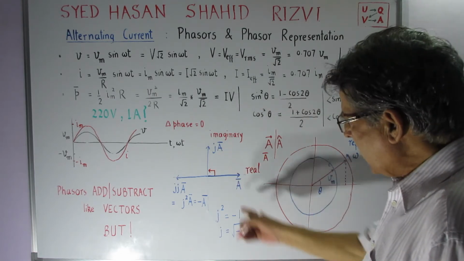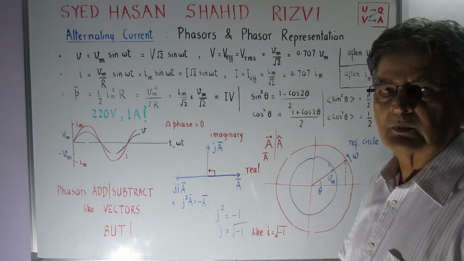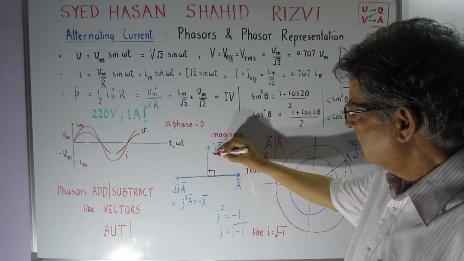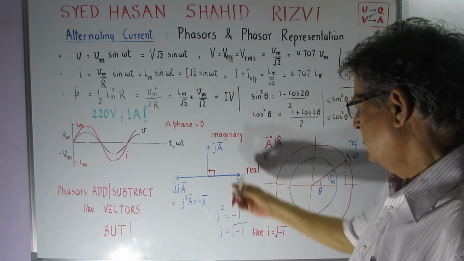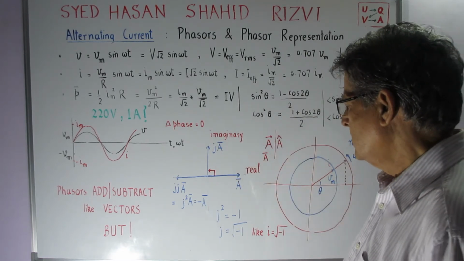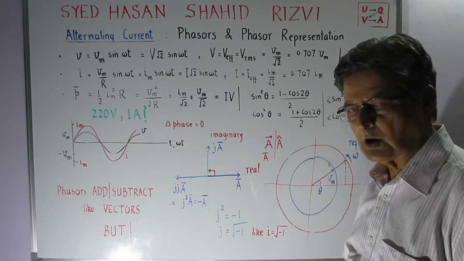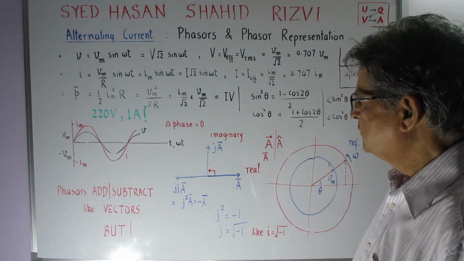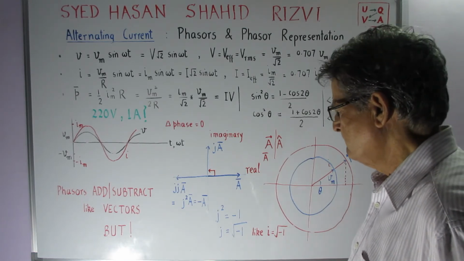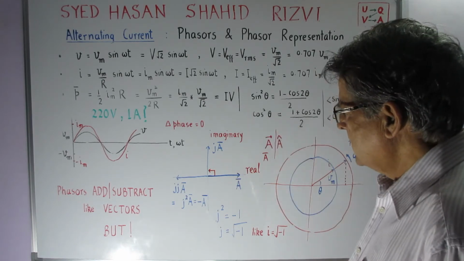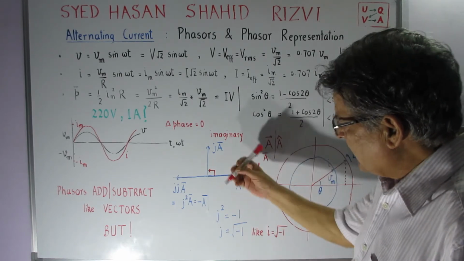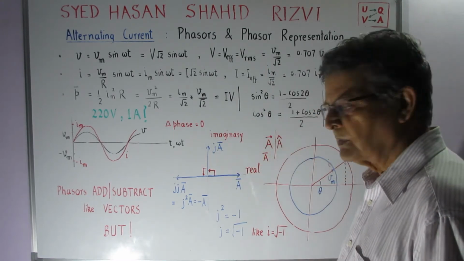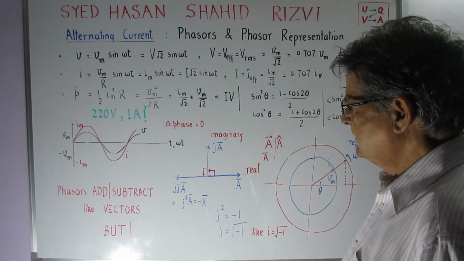This rotation by 90 degrees we represent by small j, just a multiplier to A bar. So I get a new phasor which we will write as jA. And if I rotate it further by another pi by 2, then I get this operator.